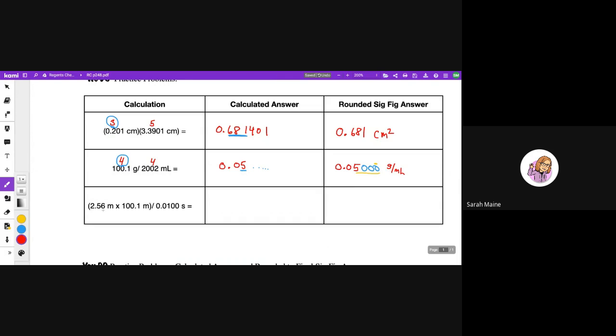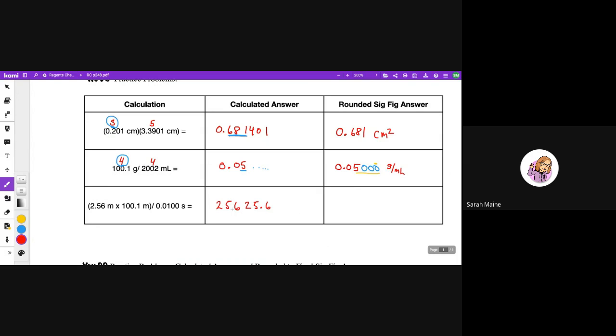Last example here. So now it's a little bit more complicated because we have 2.56 times 100.1, and then that product is divided by 0.01. And when you put this into the calculator, you get an answer of 2, 5, 6, 2, 5.6.